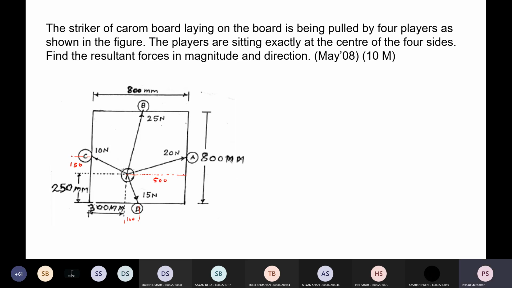Height again here will be 150. This will also be 550. And this will be 100. Okay. So let's find out all the angles one by one.